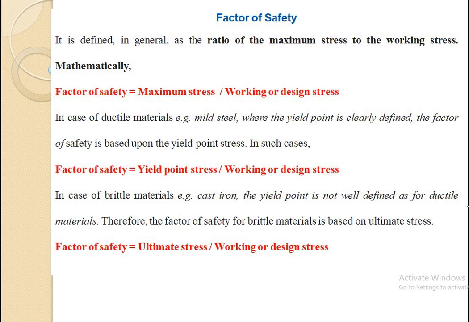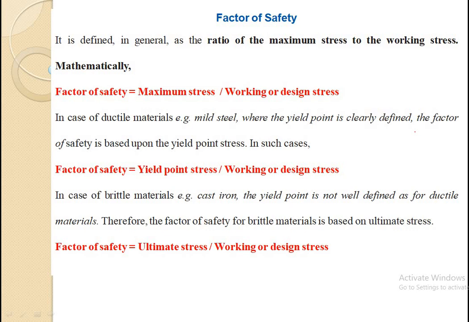Next is the concept of factor of safety. What is meant by the factor of safety? Now when we are designing any element, as we have studied, the criteria for designing any element is yield stress or ultimate stress.